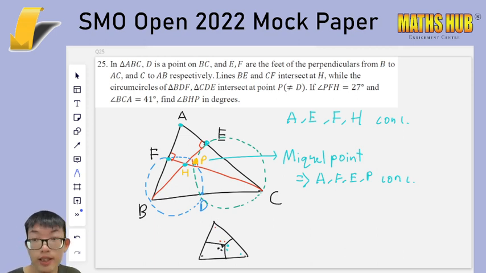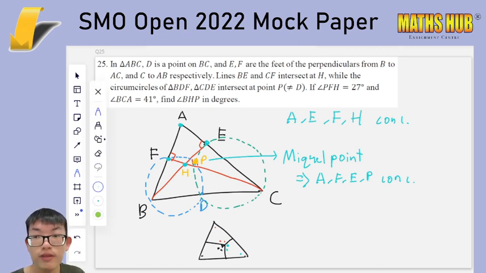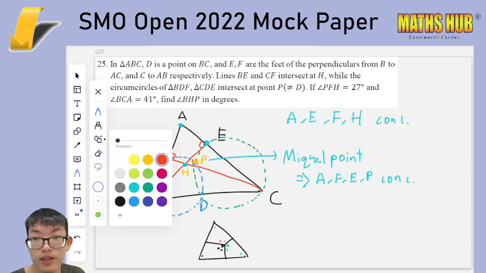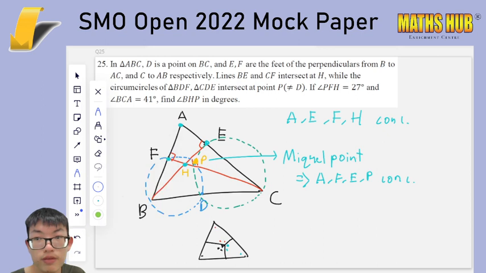So in that case here is AFEP that is going to be concyclic. Now AFEP and AFEH are both concyclic. That means that they're on the same circle. So I can actually draw a third circle passing through all 5 of these points.